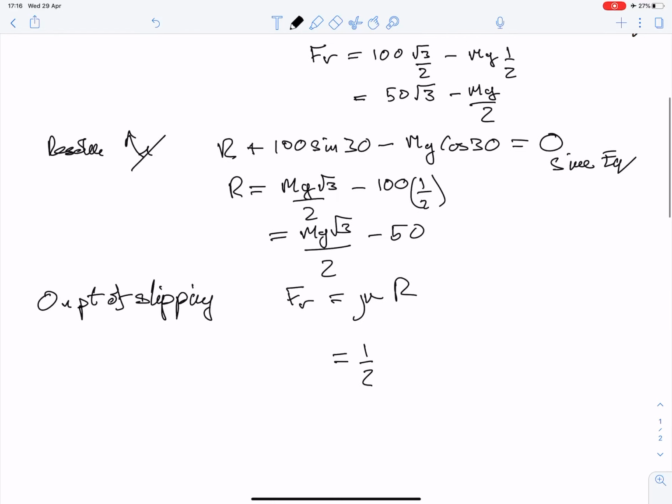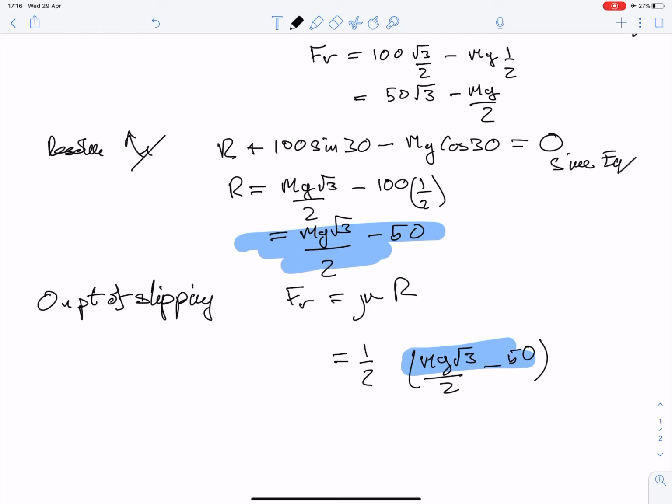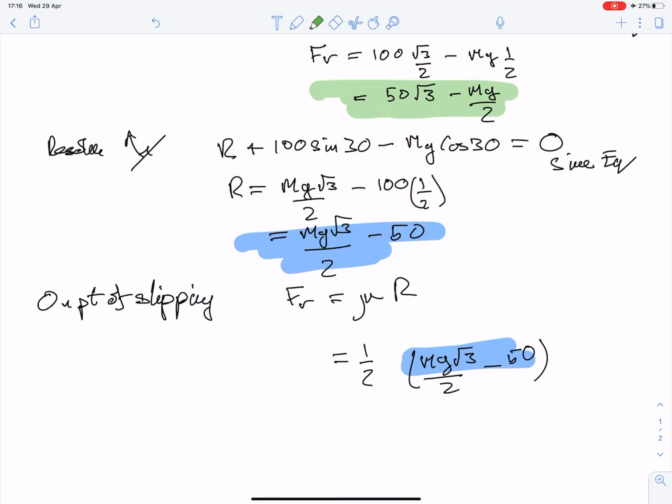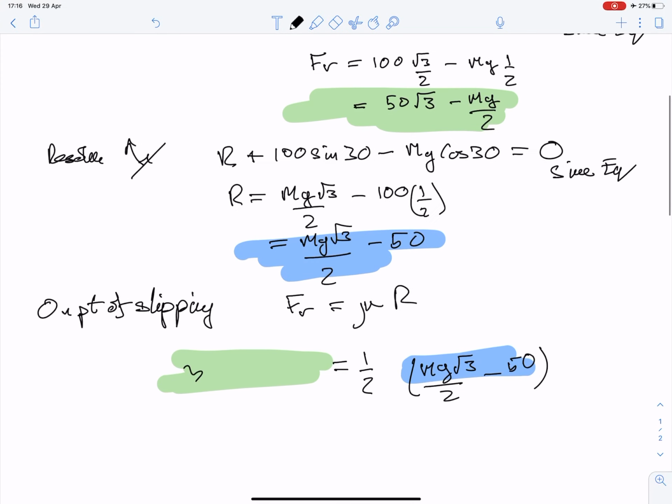We've got R coming from here, mg root 3 over 2 minus the 50. And then we've got the friction coming from here, which is 50 root 3 minus mg over 2.